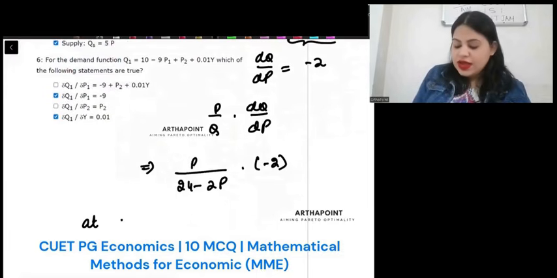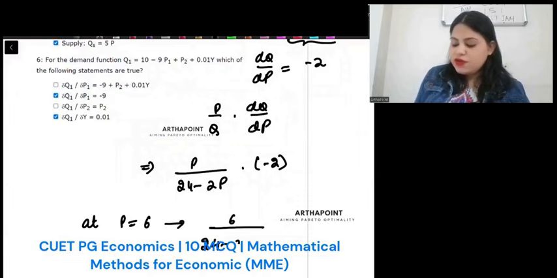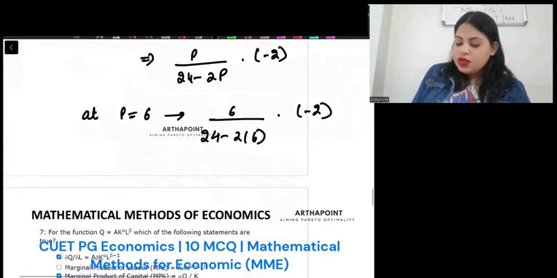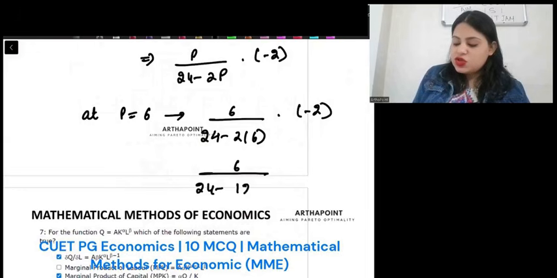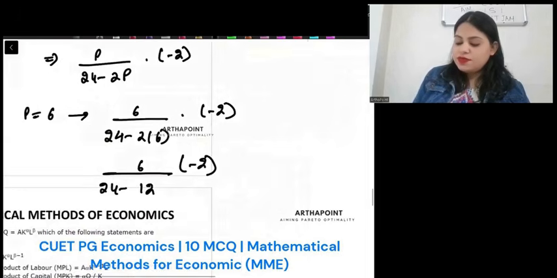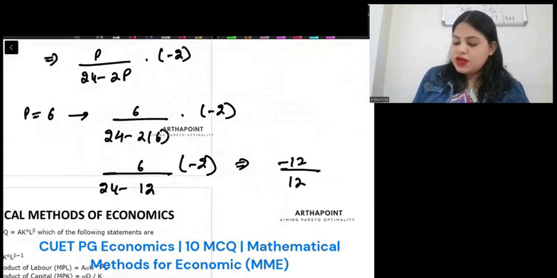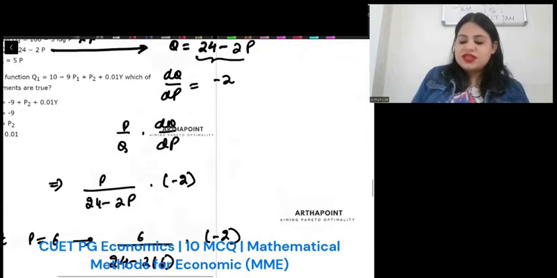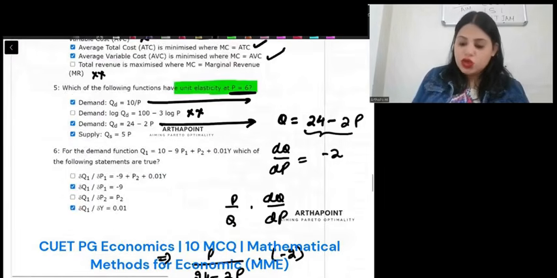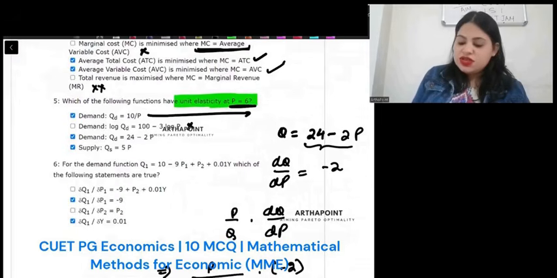So at P equal to 6, 6 upon 24 minus 2 into 6, into minus 2. So beta, this is going to be 6 upon 24 minus 12 into minus 2, minus 12 upon 12, minus 1. So yes, in this case, the elasticity is unit elastic. So this is the correct answer.